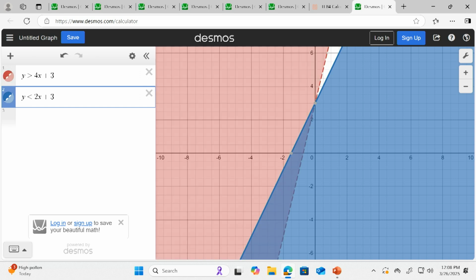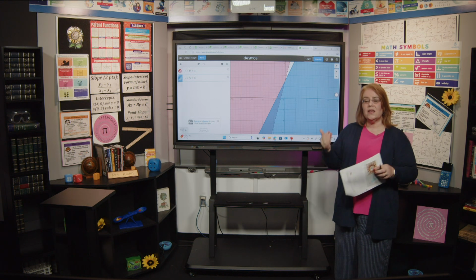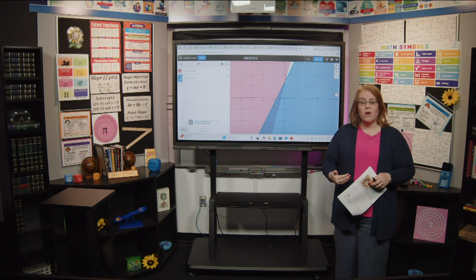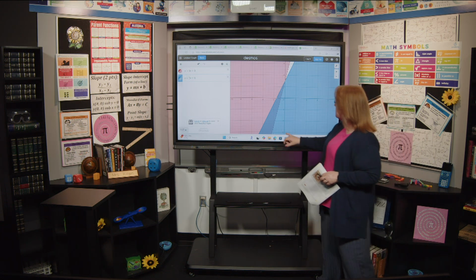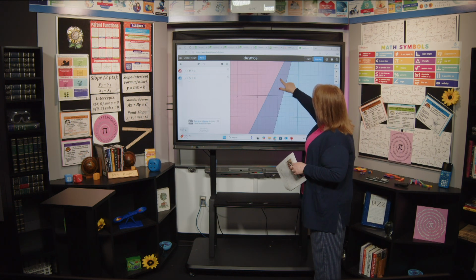Now, if these were my two inequalities and I wanted to know a possible answer that would make both of these inequalities true, you're probably asking, Ms. Killen, where would I look for those answers? Good question. Right here, where they are both overlapping.